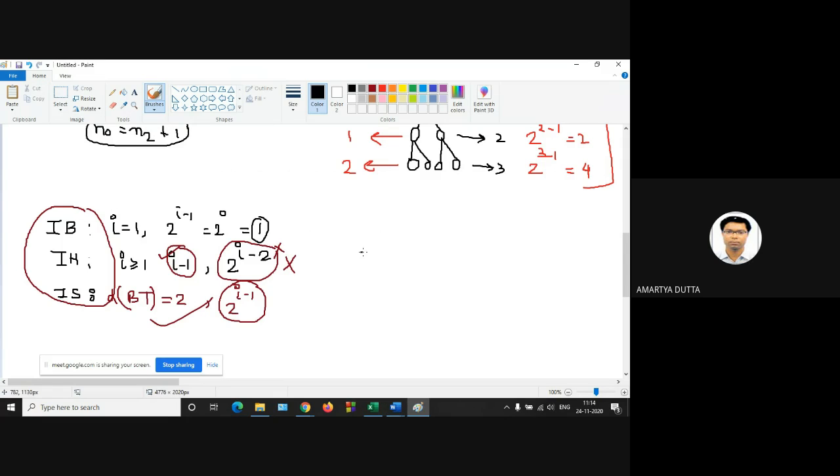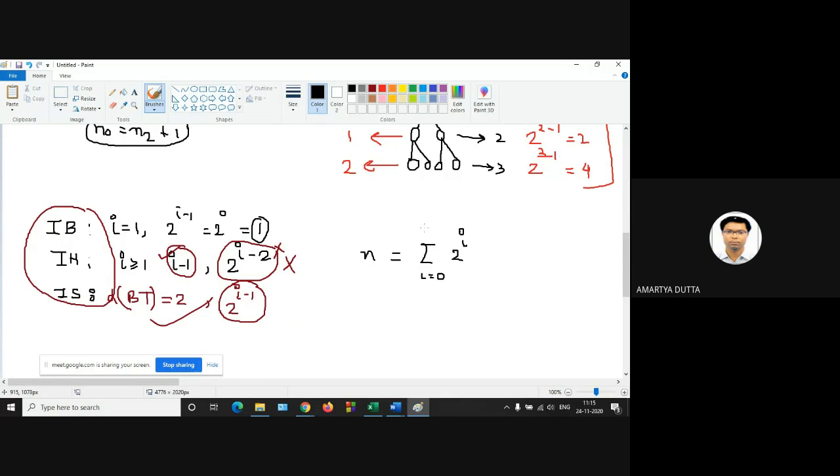If n is the total number of nodes in the tree, then we can say that the sum of 2 to the power I, where I starts from 0.